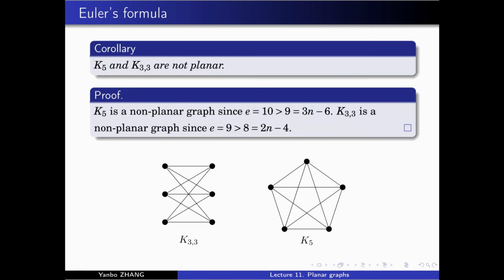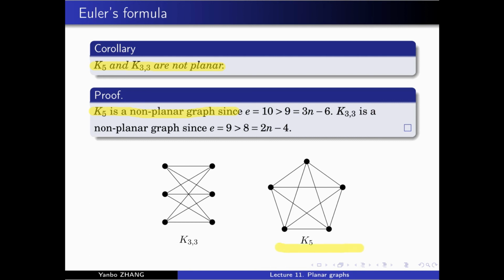Now we have the corollary that K5 and K3,3 are not planar. There are some different proofs for this result. Here we have a proof using Euler's formula. K5 is a non-planar graph. Let's calculate the number of edges of K5.